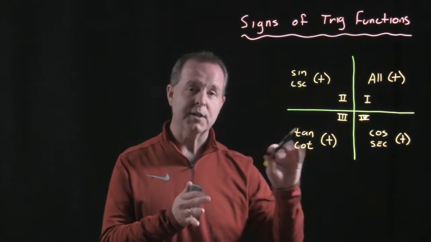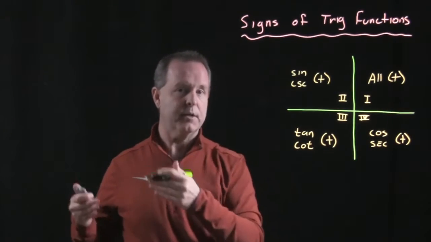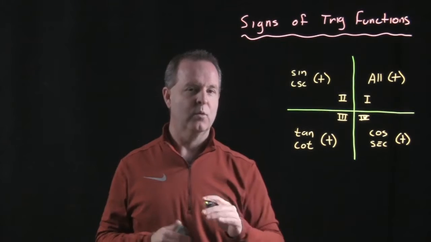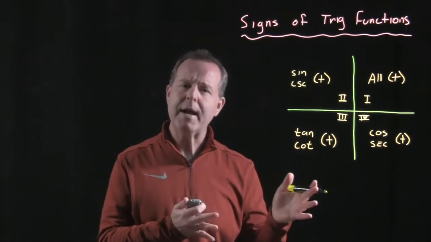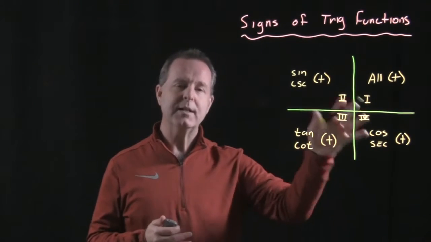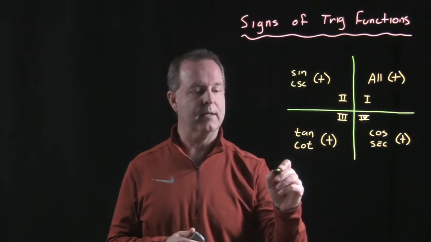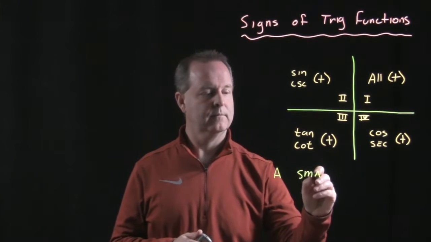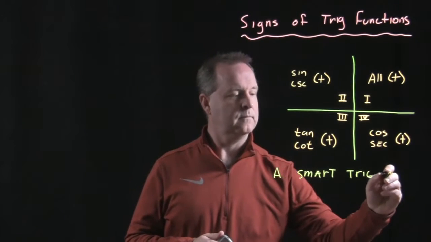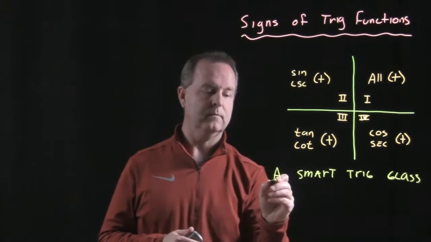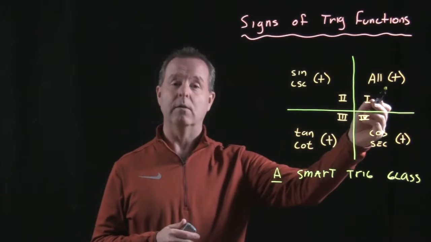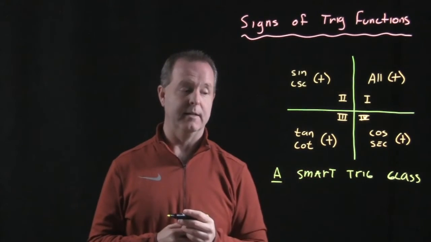So based on this, you guys are a smart trig class. Why do I say that? Well, that might be a way to help you remember which areas the functions are positive in. So, a smart trig class: A represents all. In the first quadrant, all are positive.